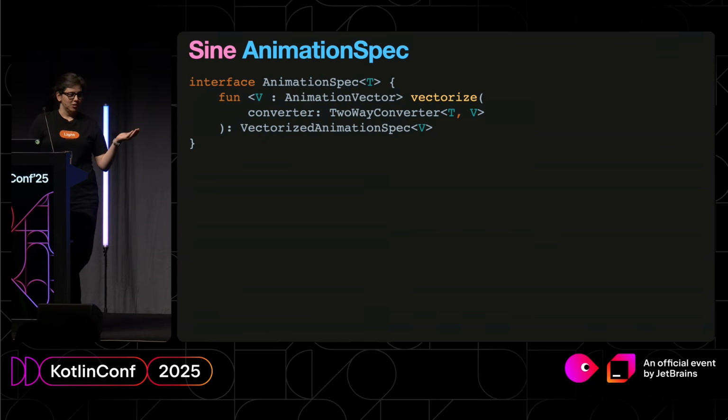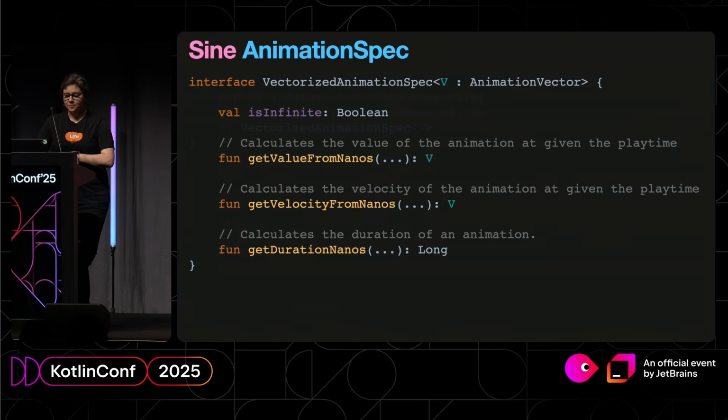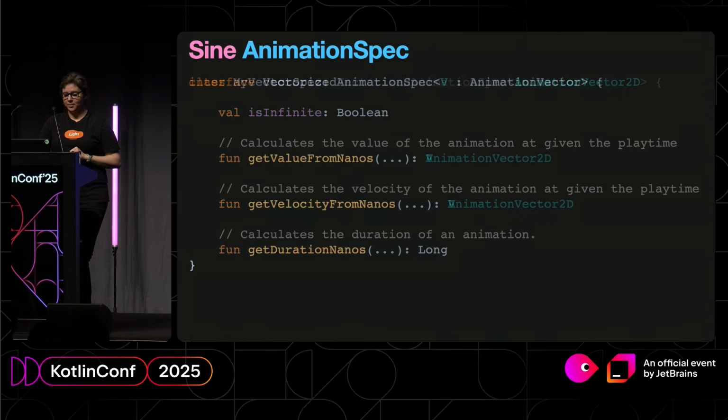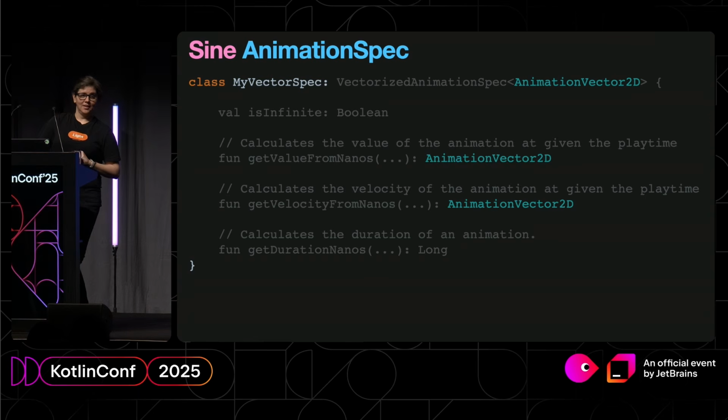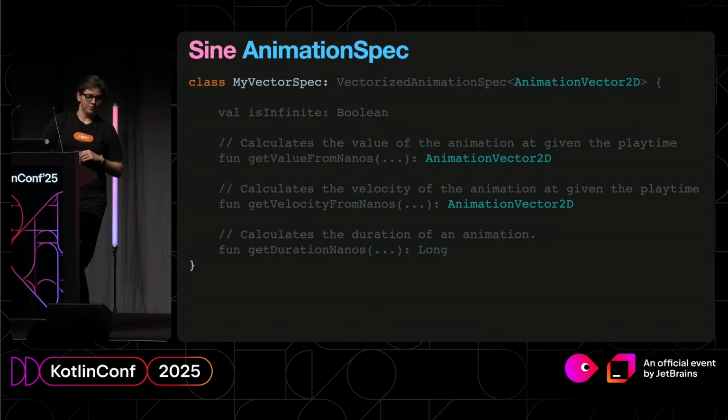Going back to our AnimationSpec interface, as we know, we need to implement our VectorizedAnimationSpec. We basically already saw what we need, which is implementing all these functions. So let's go in order, from the bottom up. Oh, sorry, I forgot to mention, my animation spec is a 2D one, so I need to use an AnimationVector2D for that.